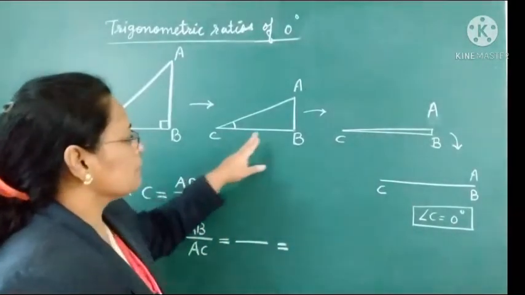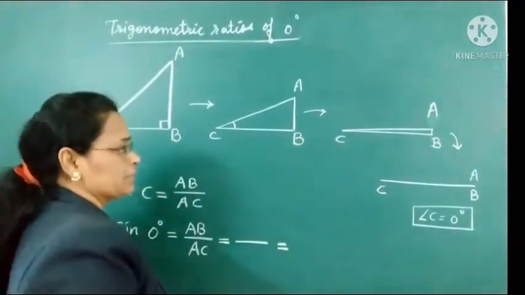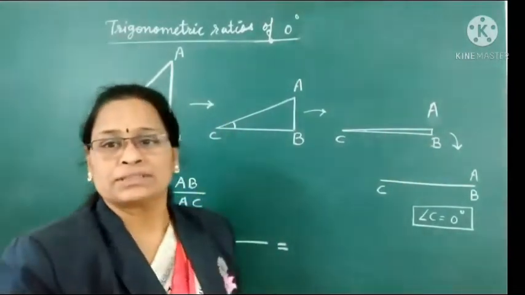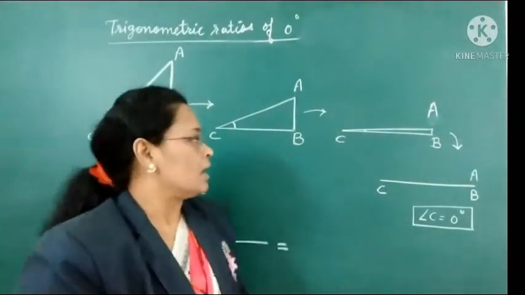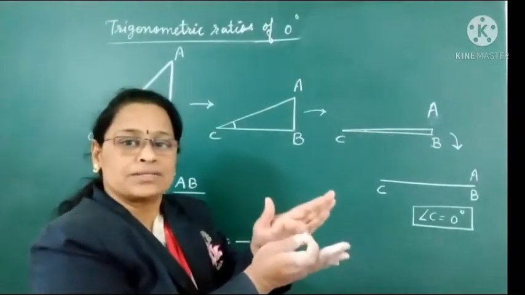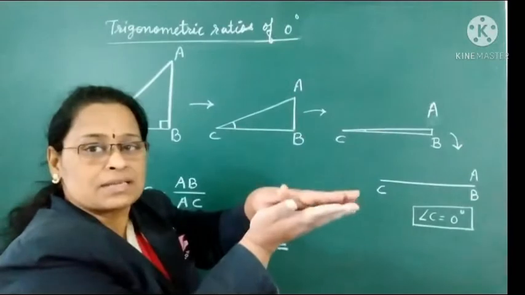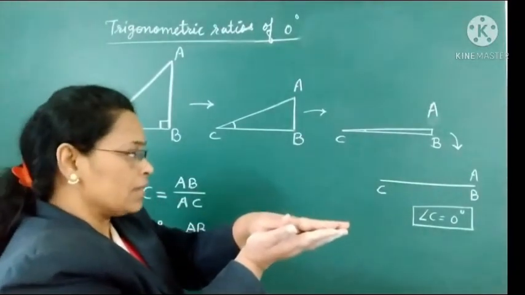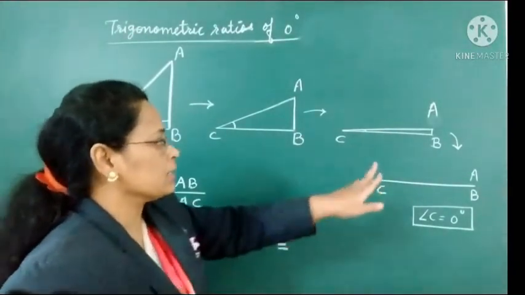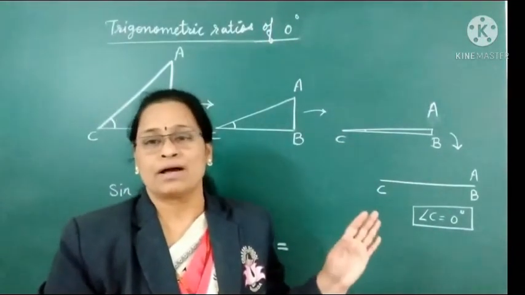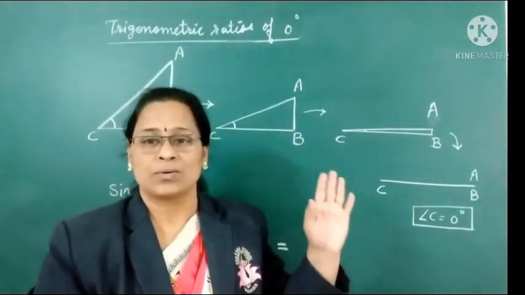So similarly, if we go on reducing this angle C, length of AB, that is opposite side, will also reduce. And if we go on reducing, then this AC and BC will match or they overlap each other, where angle C will become 0 degree. So what will be the value for sine 0 degree?